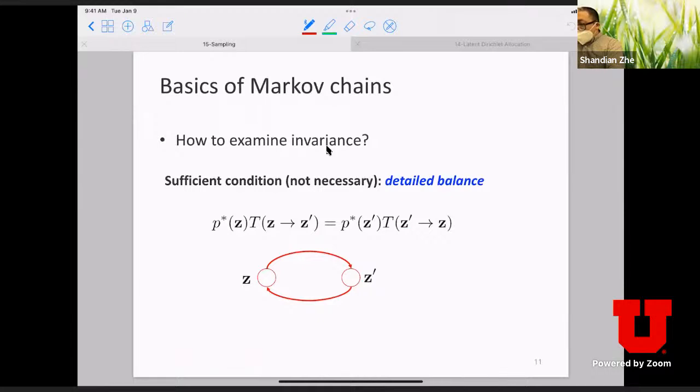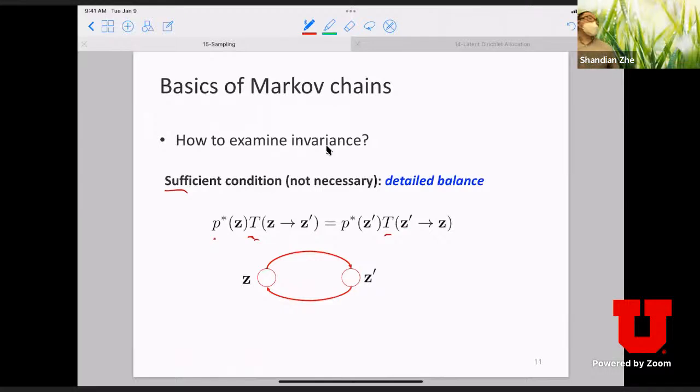The most commonly used way to check if the true posterior is invariant to your designed transition kernel is a condition called detailed balance.